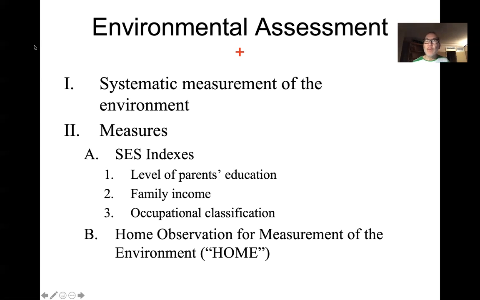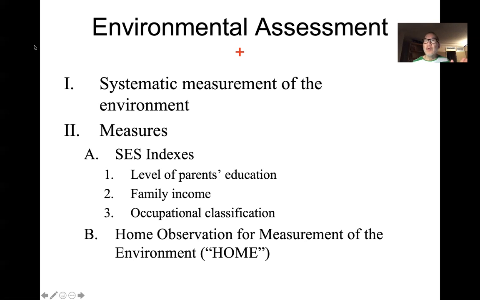One of the things considered as part of environmental assessment in examining family circumstances is socioeconomic status.